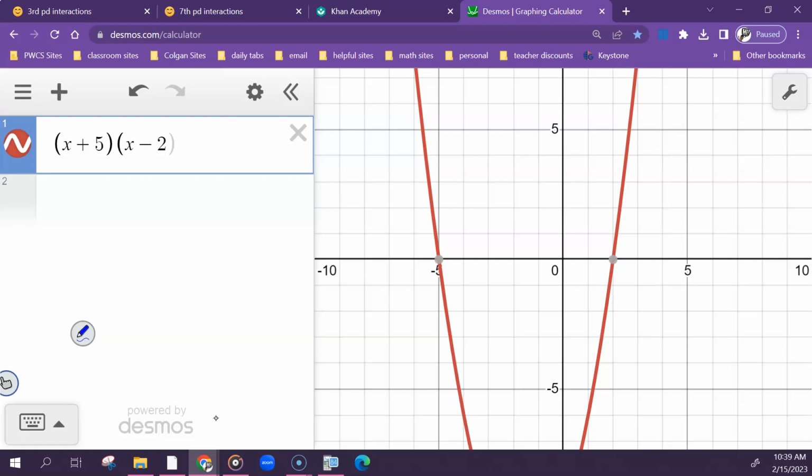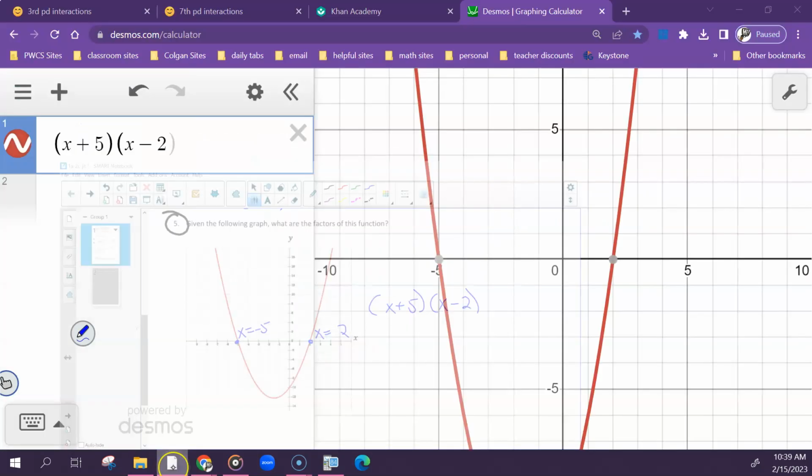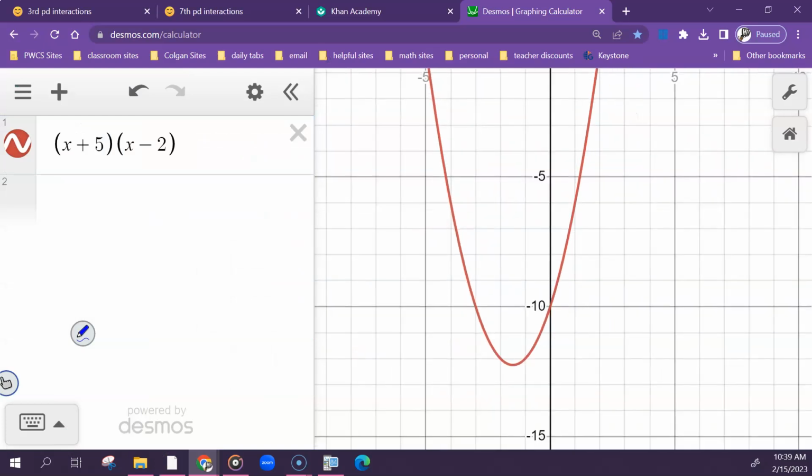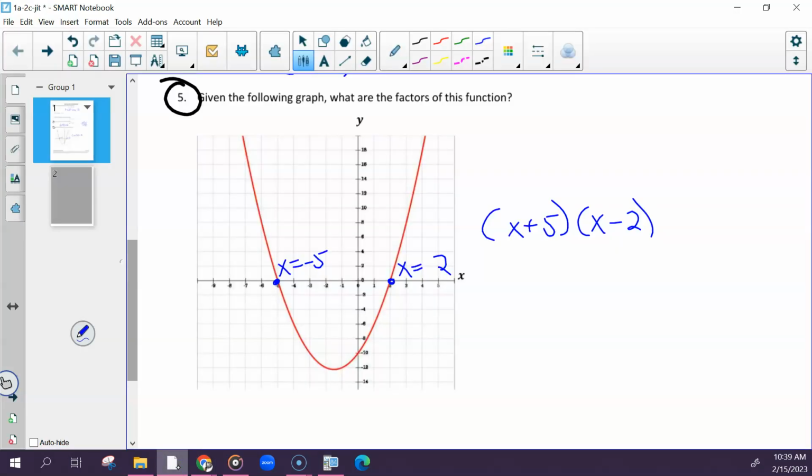So it has those same zeros. It should have a y-intercept at -10. If it does, and if I match the rest of the points, they should match. So if that didn't make sense, it's okay. We'll get more into that next unit. But those would be your two factors. Other questions on this quick check?